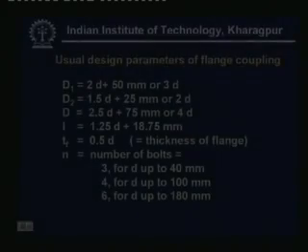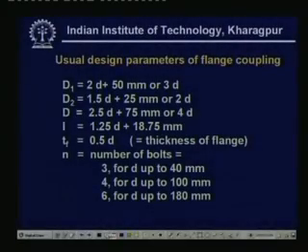Parameters of flange couplings are given here. D1, the bolt circle diameter, is roughly taken to be twice d, small d being the diameter of the shaft, plus 50 millimeter, or it may be 3d. Now, why all this?